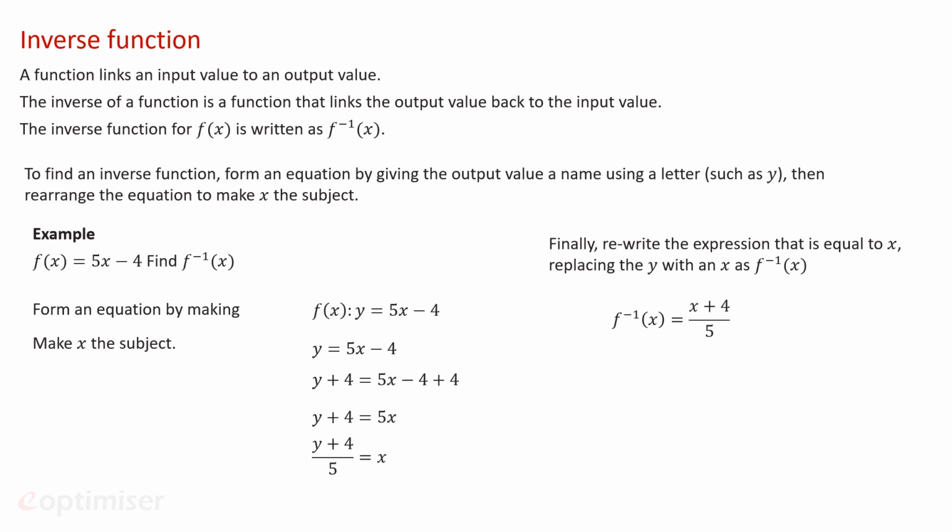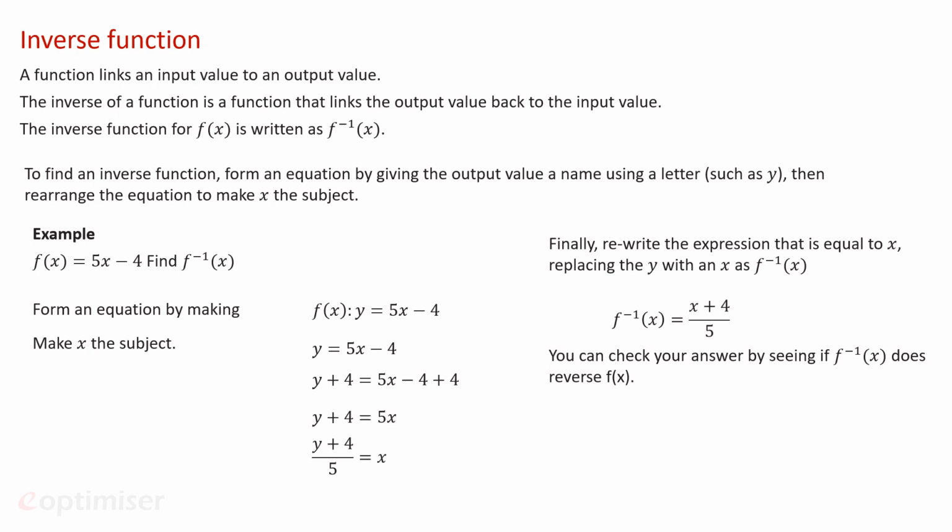So f inverse of x is equal to, because we found x in terms of y, now we replace y with x, because y was the output. So for the output we replace it with x and rewrite it as x plus 4 over 5.